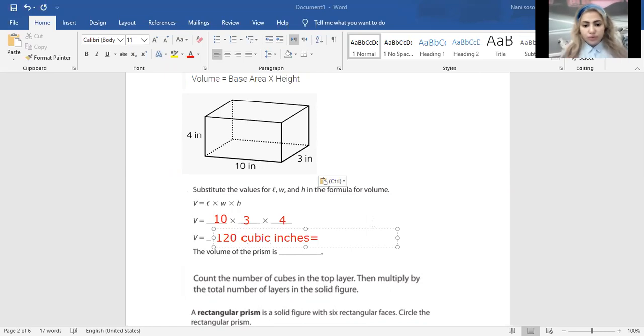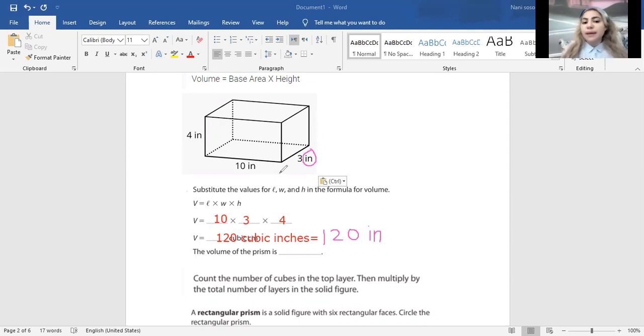It's very important for you to know, 120, and you write the inches like this, IN, or cm, centimeter, or any unit given in the prism. When you multiply inch, you have only 1 inch.